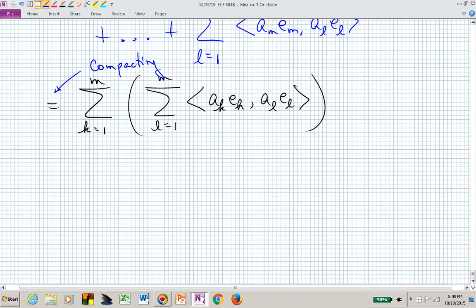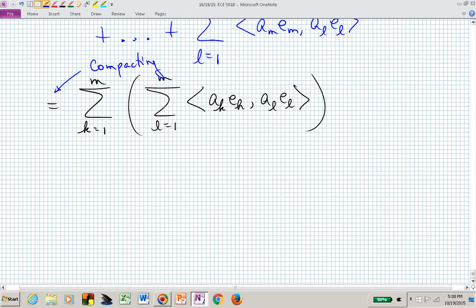Now what can we do? We have some scalars sitting inside an inner product. What do we know we can do with those scalars? The a sub K is in the first slot. What do we know about the first slot and homogeneity? It just slides out. What about the second slot? It's the conjugate.